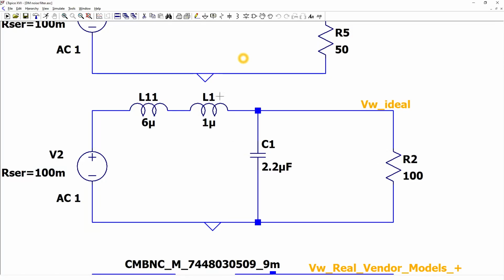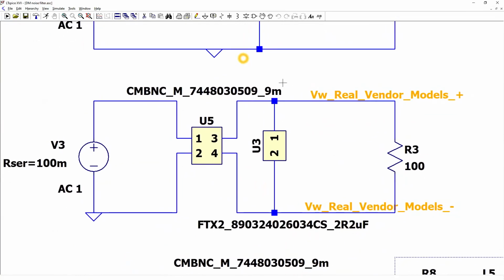As you can see, we have differential mode inductance simulated by two inductors. I will show you the results of why we have two inductors here. And we have a capacitor, again a safety capacitor, but in the CX class, 2.2 microfarad.